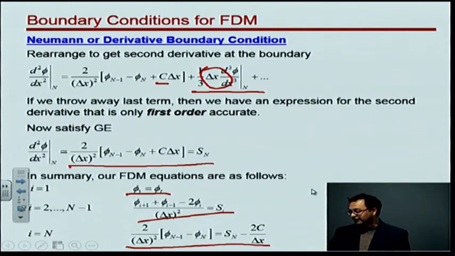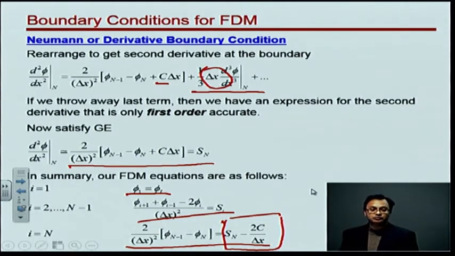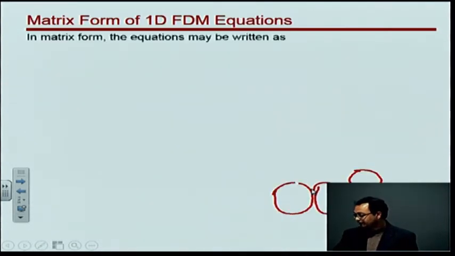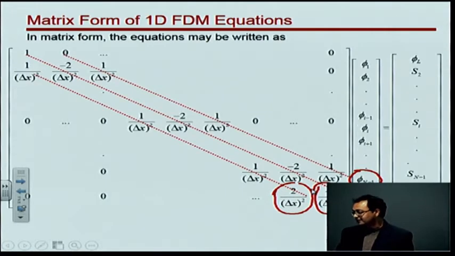And on the right hand side we have this guy, Sn minus 2c over delta x. Those are all constants, known values. There are no unknowns there. Remember, our unknowns are the phis. So that goes into your right hand side right here.